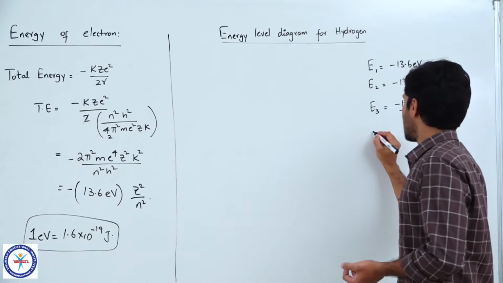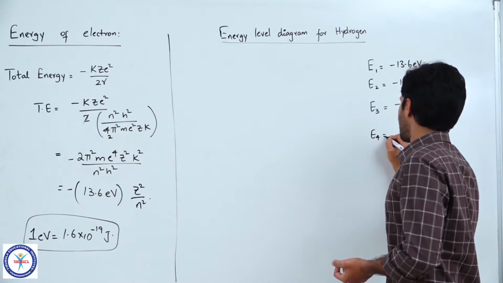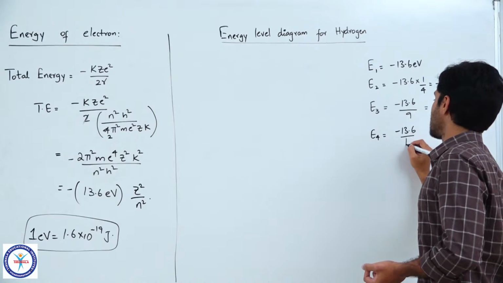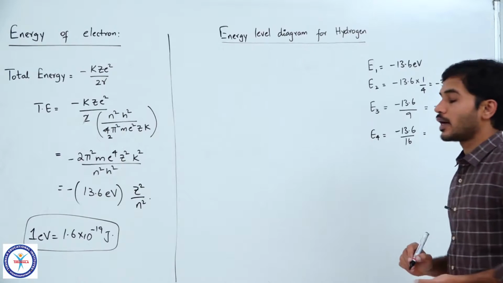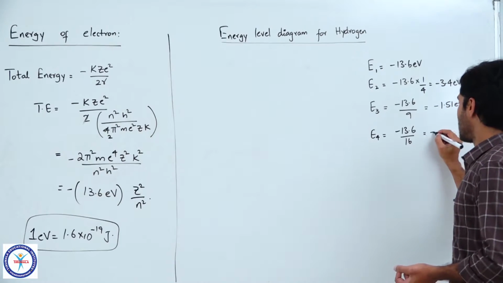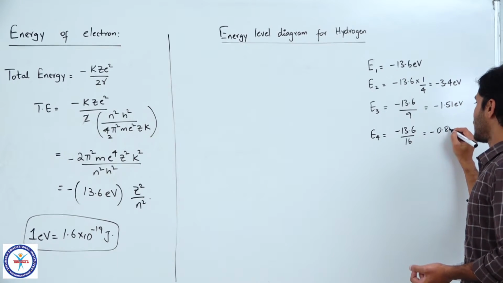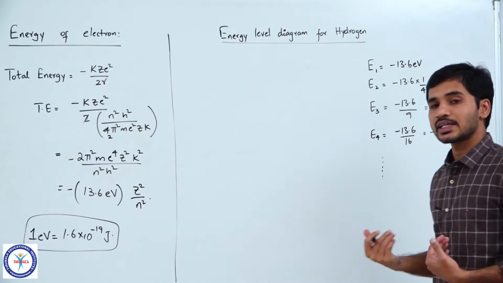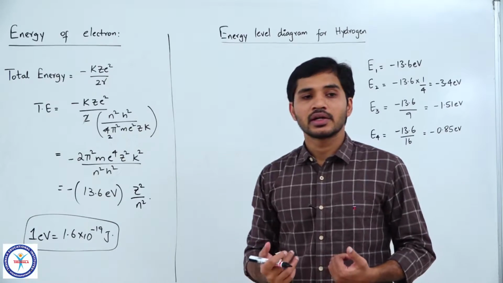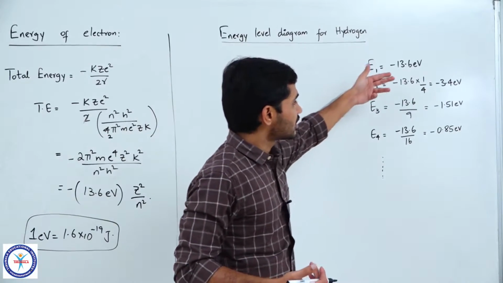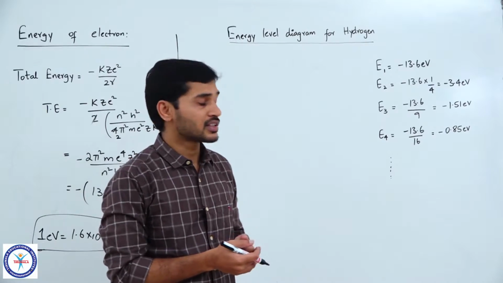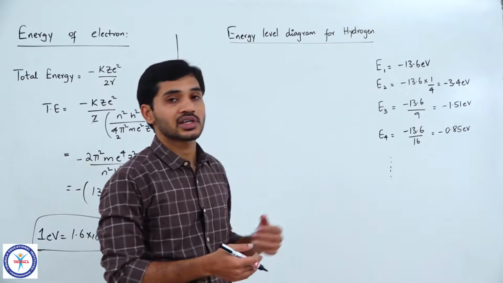And similarly, the energy of the fourth orbit would be minus 13.6 by 16, and the value of that would be minus 0.85 electron volts, and so on. So, for now let us understand up to here, and let us see what idea these energy levels give us about how the energy levels are present.